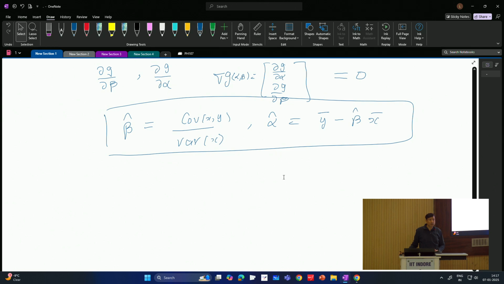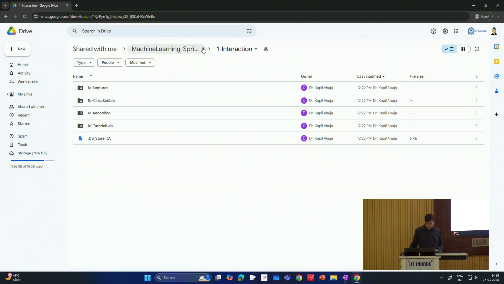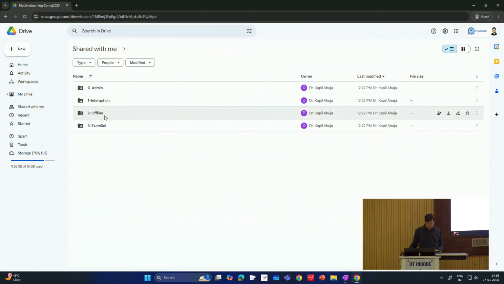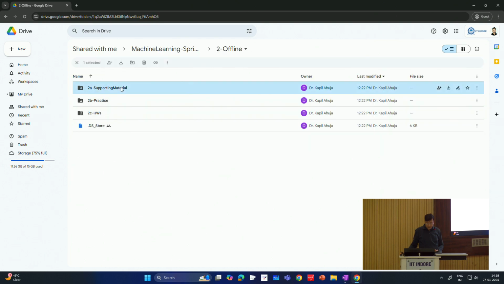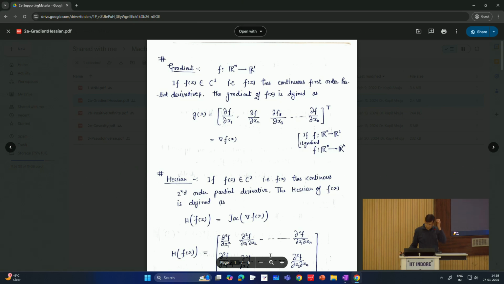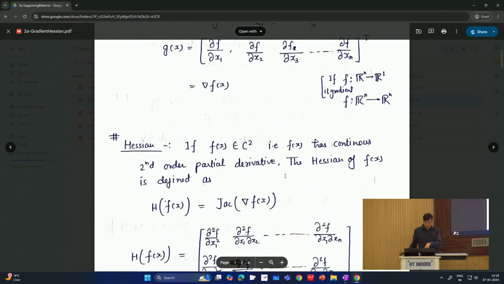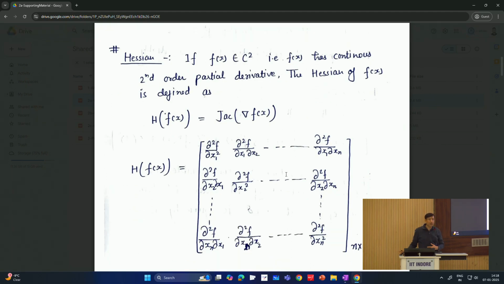So I'll again go back to the material which I just uploaded. Go home and read it. So let's go back to the material uploaded. Offline supporting material, gradient and Hessian. So gradient I just told you, which is there. What is Hessian? Hessian is the characterization of the double derivative for a function of many variables with multiple y values, right?